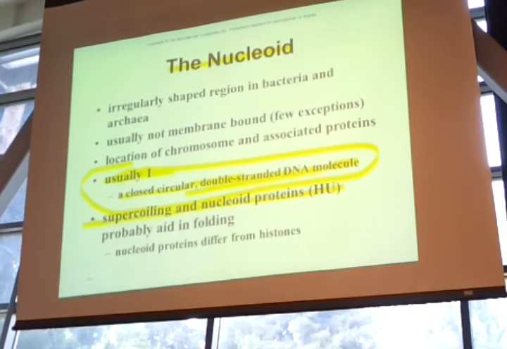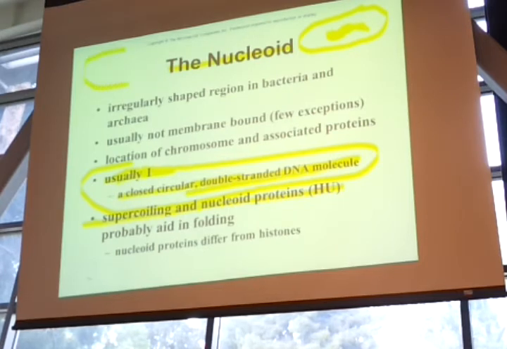Usually one closed circular double-stranded DNA molecule. Usually, because there are always exceptions. So that's why when you see a diagram of a cell, sometimes they just draw a squiggly thing in the middle, but other times you see it represented as a little circle.